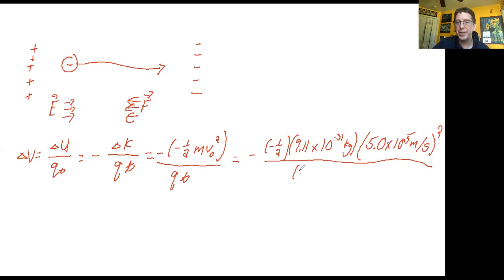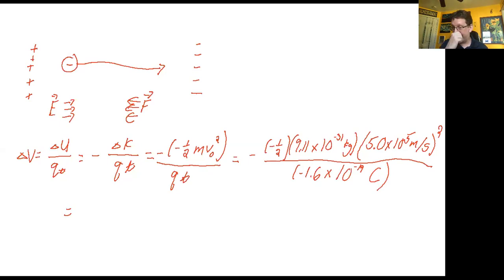So it's negative 1.6 times 10 to the negative 19 coulombs. So that's the charge of an electron, and we went over that in chapter 21. So you plug all those numbers in, and you solve for the potential difference.